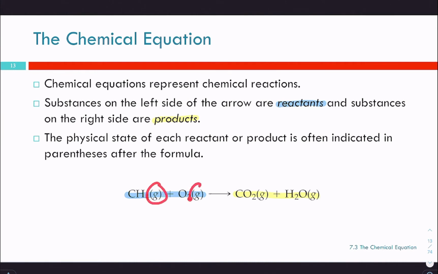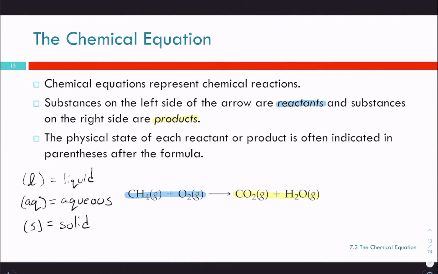So G here is gas, so all of our reactants and products are gases. You can also have L, which is liquid. The most common one probably is AQ, which means aqueous. You can also have S, which is solid.